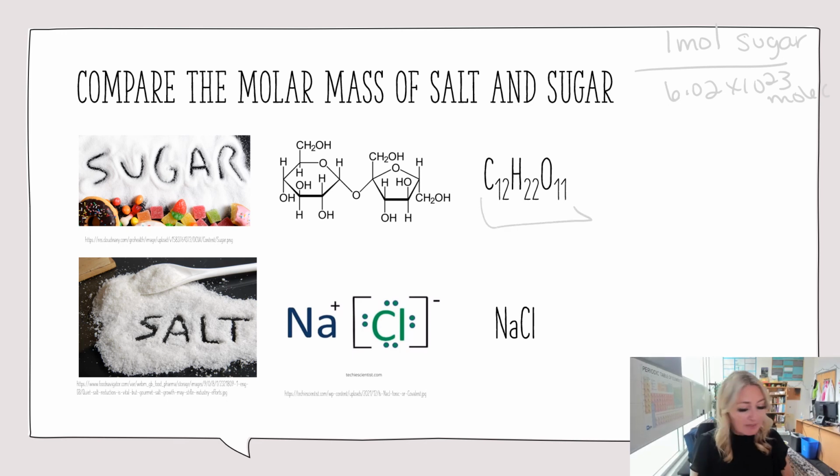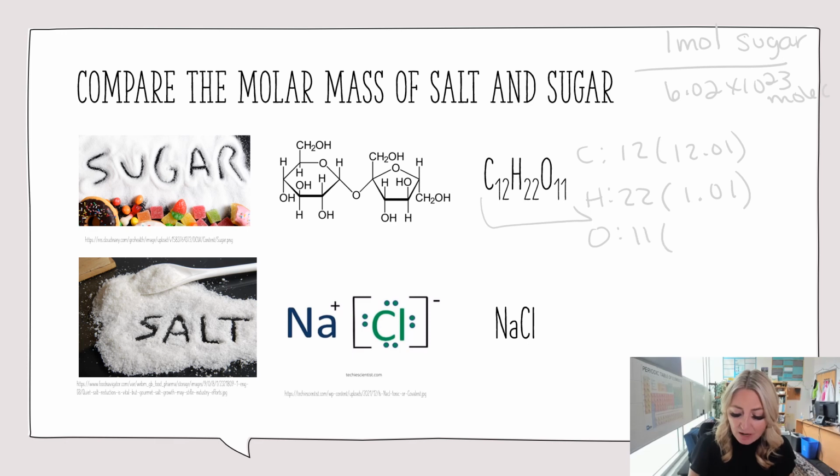I'm going to need my periodic table. And again, if you're using the periodic table from class, it already goes to 2 decimal places. This is going to make your life easier. I have 12 carbons. Looking at my periodic table, a single carbon has a mass of 12.01. I have 22 hydrogens that each have a mass of 1.01.